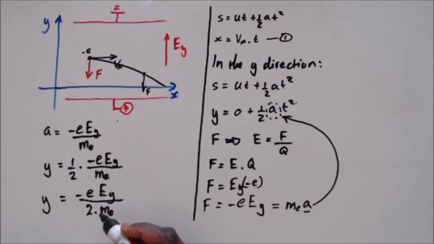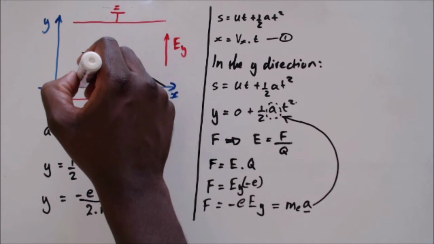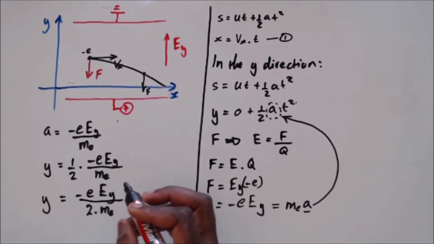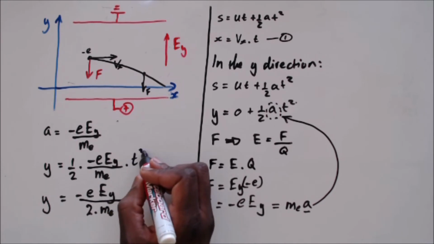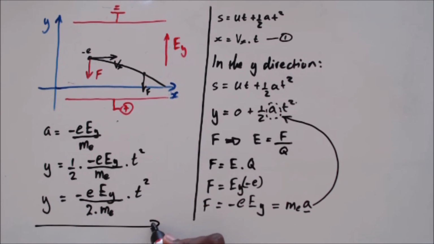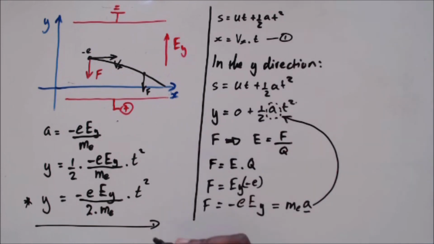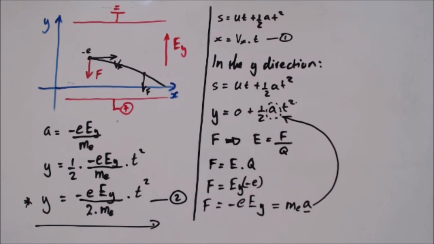That equation will give us the y position, where this electron is in the y direction at any later time. All we need to do is just remember that we had a t squared there, and copy that t squared into there. So using this equation, we can establish where this electron is in the y direction, and using this equation, number 1, we can establish where it is in the x direction. So I'll call that equation number 2.